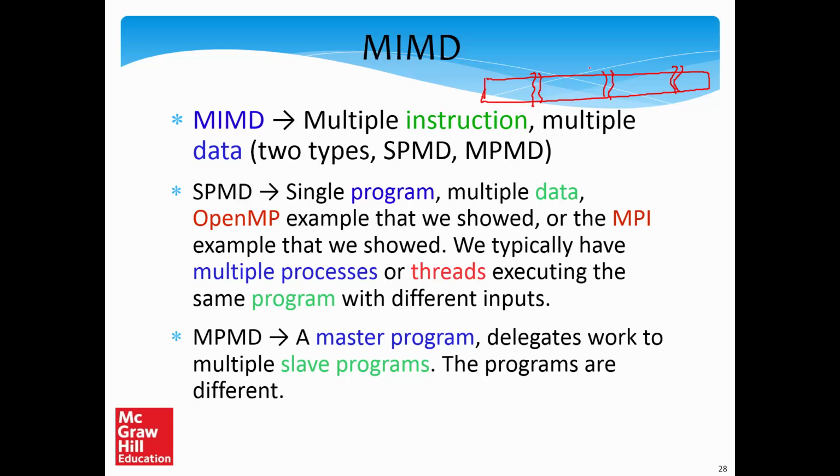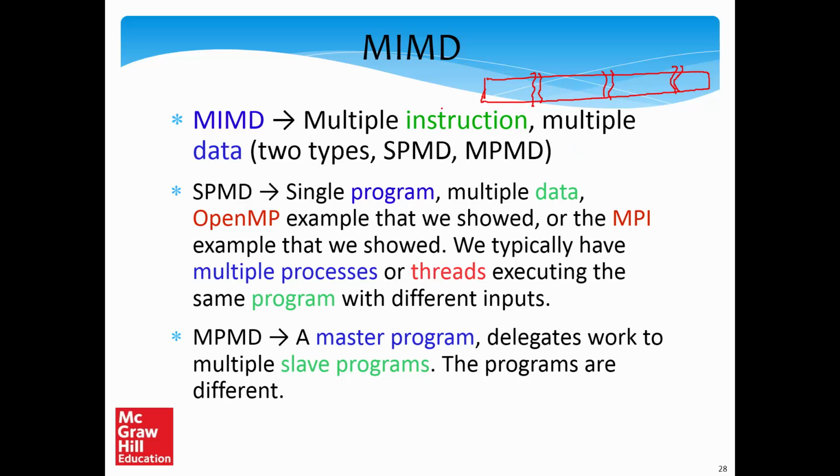It is true that they were executing the same program. What we basically mean by MIMD here is that at the same point in time, the same instruction is not being executed.